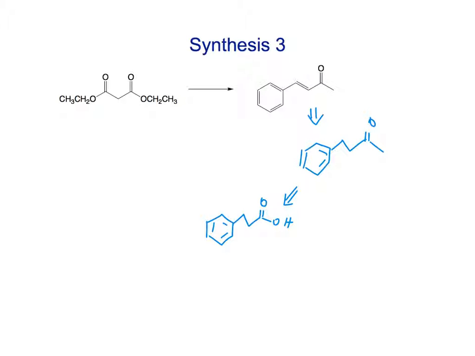Right, so this is kind of the standard malonic ester synthesis. In fact, I think we probably did this one as an example. So we would usually use ethoxide in ethanol, and we want to form this bond here, so we need to use benzyl bromide.